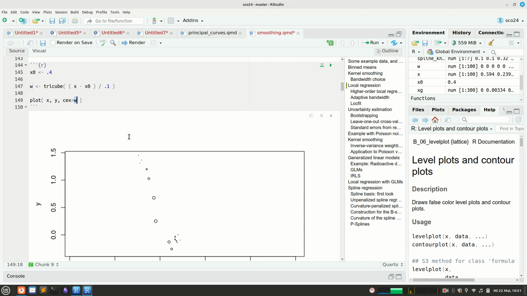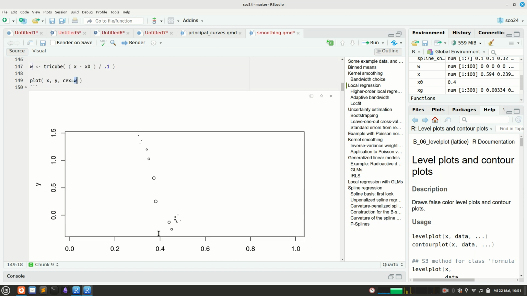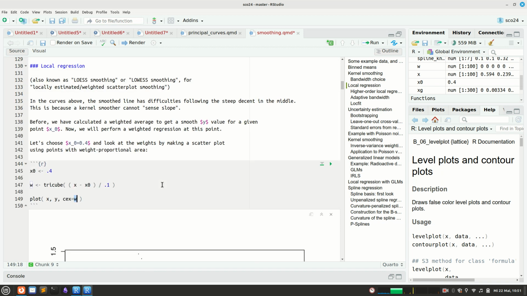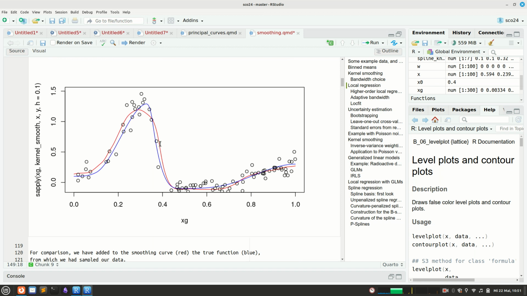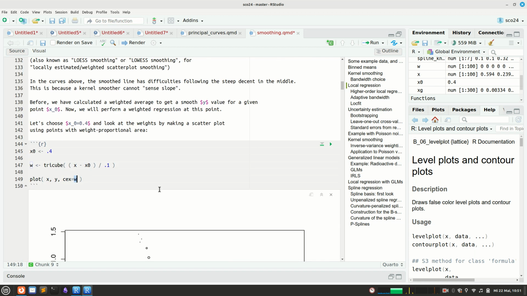And these are the points over which I average in case I want to get the x0 point, which is here at 0.4, so here in the middle. And as you can see, for this 0.4 point, if I were to just average over the points I have here, I would get somewhere here. And that's where our red smoothing curve is at 0.4. It's up here, but the blue curve is down here.